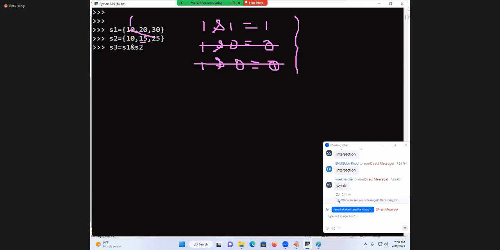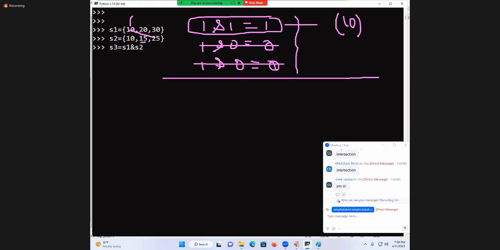Out of these, if any one of them is true, that will be marked for selection. That indicates there is a common element. Remember that. This is one iteration over. Second iteration starts. 20. Quickly, students. 1 with a 0.